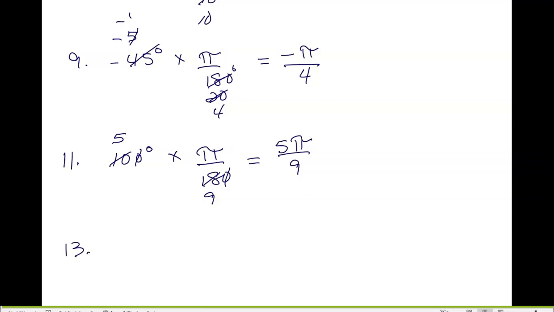For 13, the degree is 1,000. So this is 1,000 times pi over 180. Divide by 10, divide by 10, divide by 2, divide by 2. I think that's it. And then 50 pi over 9 is what I'm getting.